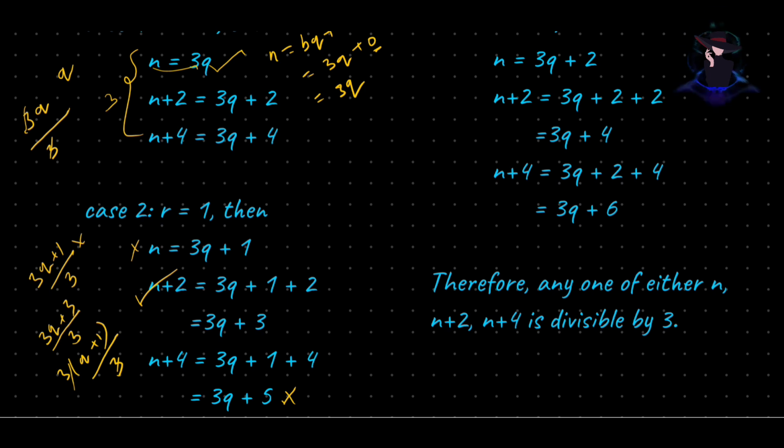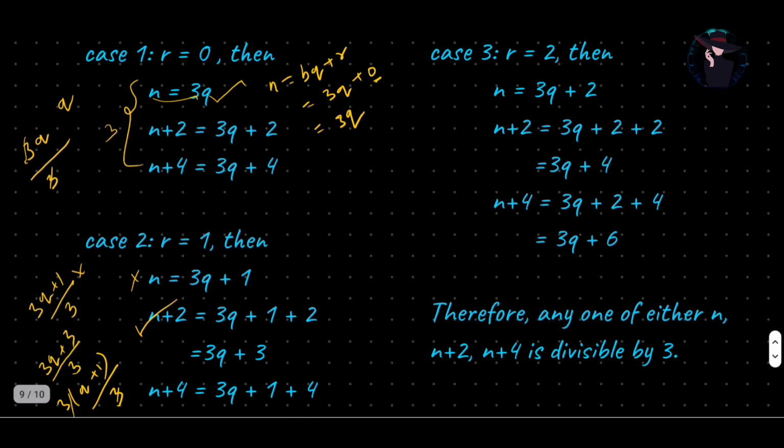Let's take the last number, that is r equal to 2. n is 3q plus 2. n plus 2 is 3q plus 2 plus 2, 3q plus 4. n plus 4 is 3q plus 2 plus 4, 2 plus 4, 6. Here, which one is satisfied?